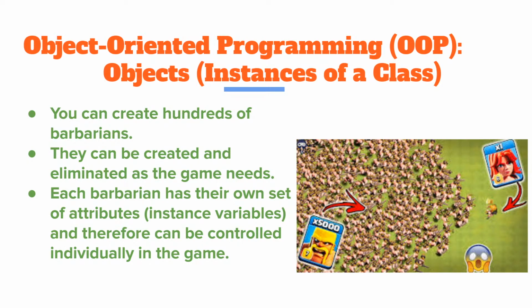Now obviously you can write a program that will call the same action for every single one of them, but that is up to you. And so now that you have, say, 5,000 of these individual barbarians, you can do whatever you want, and that's where the computer's AI algorithm will kick in, and it will do whatever it needs to.